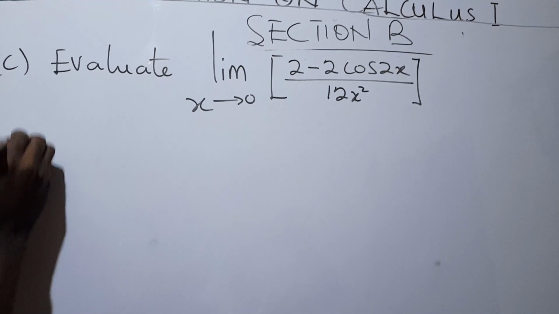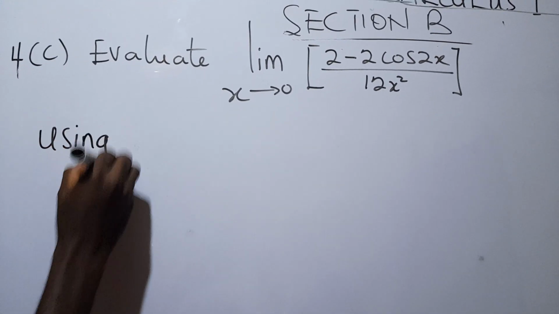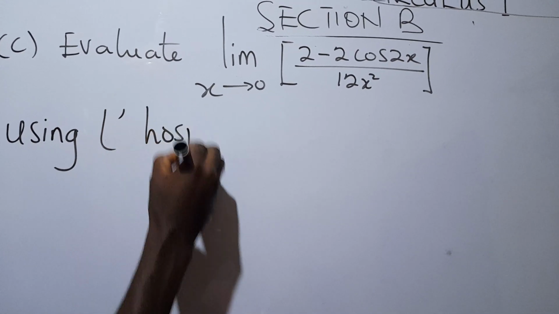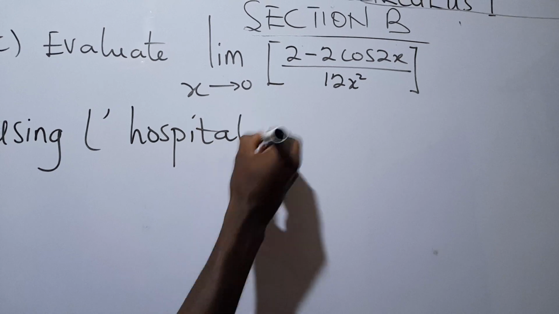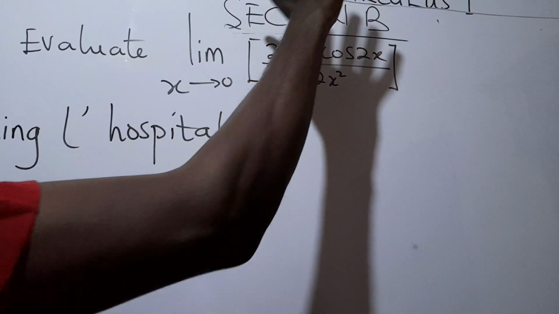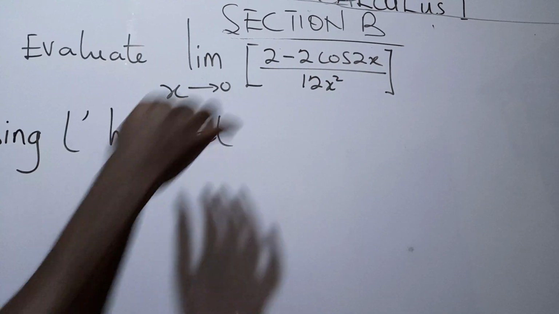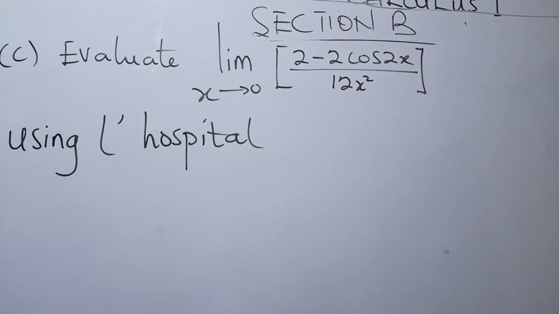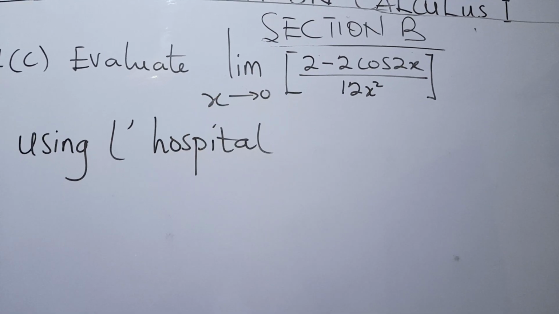So using L'Hopital, what does L'Hopital say? It says differentiate the numerator differently, differentiate the denominator differently, and now substitute the 0, or substitute the value of x.